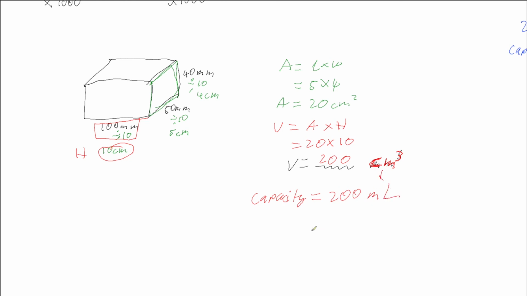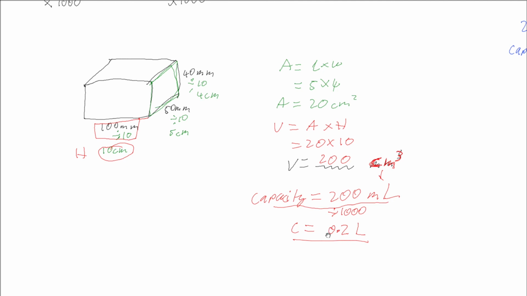So I just convert from centimeters cubed to milliliters. And that would be fine, but just for instance, if we wanted to convert that to liters, I could again divide by 1,000, and that would give us 0.2 liters as our final answer if we wanted it in liters.